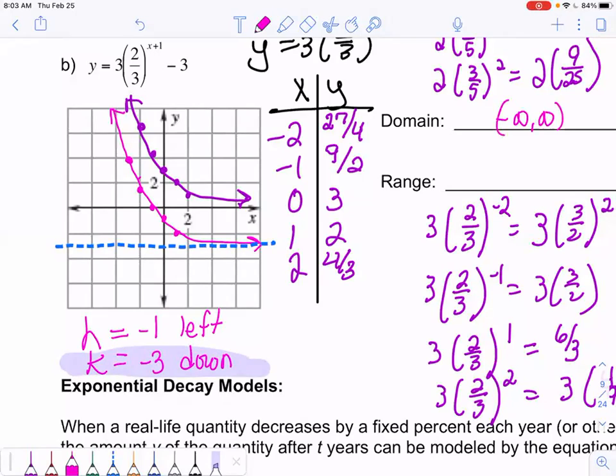So the K value is the dashed horizontal line, the asymptote. That controls your range, which is -3 to infinity. So if you can remember, K and the range go together. Questions?